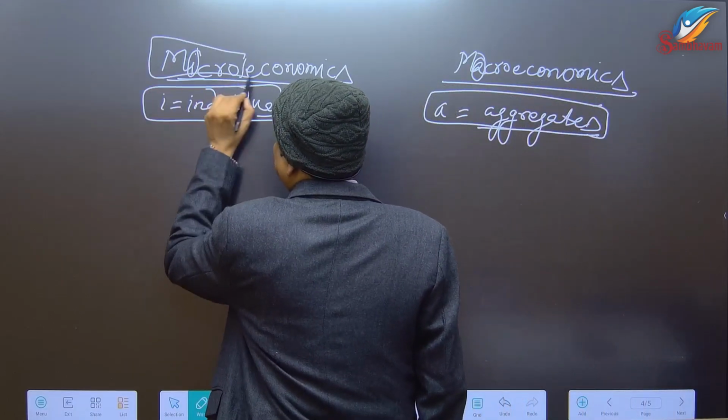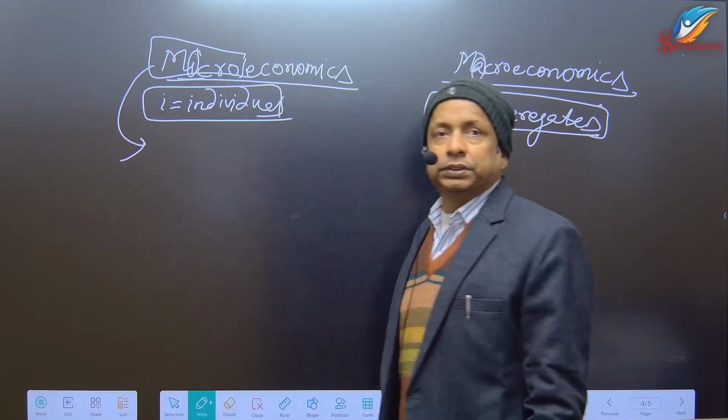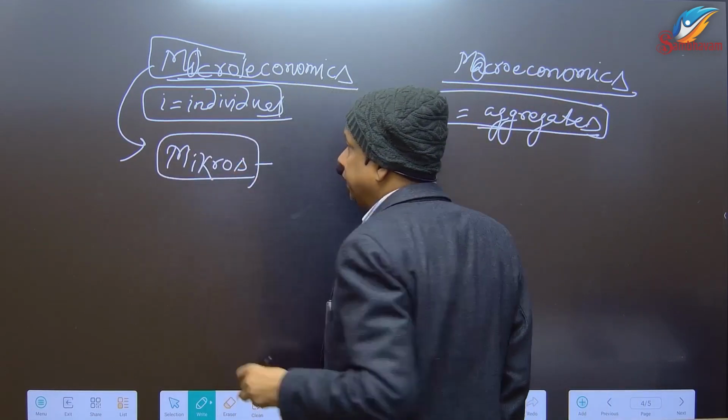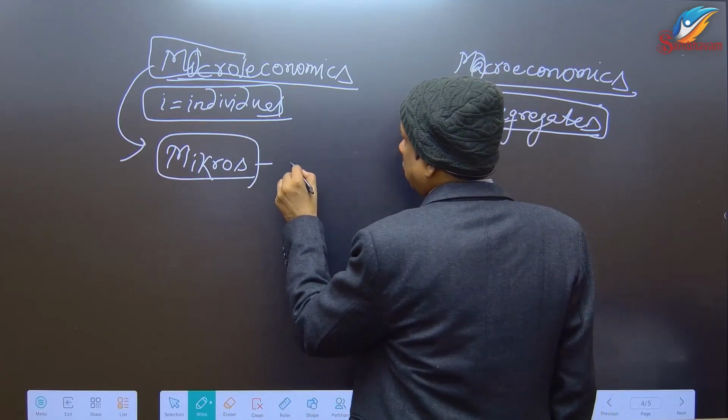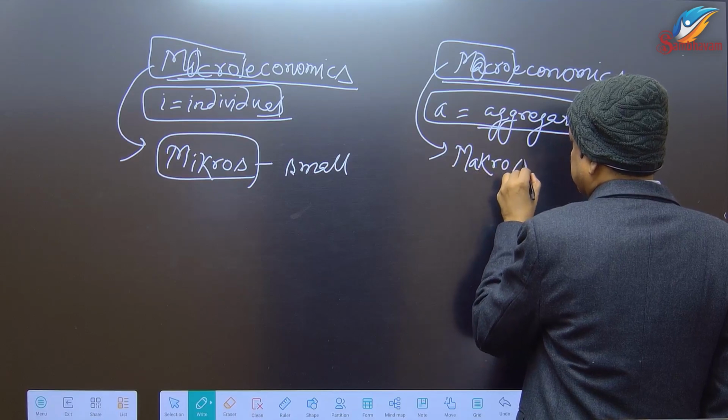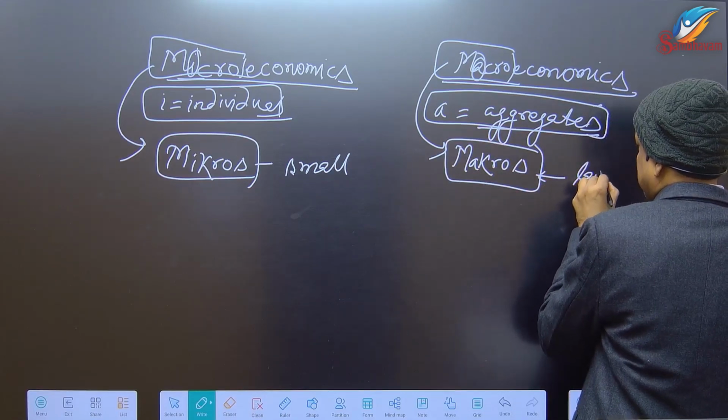Microeconomics: the term micro has been derived from the word mikros, meaning small. Macro has been derived from makros, meaning large or big.